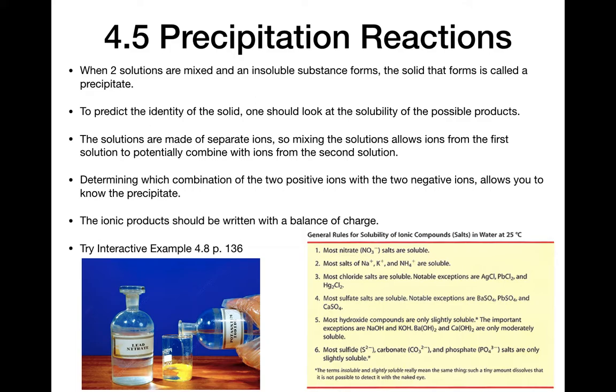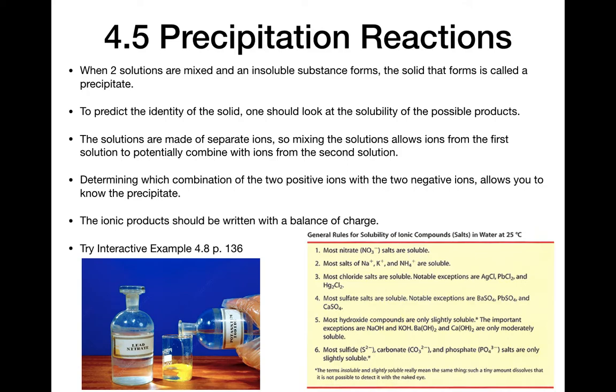So when you're looking at what is this precipitate I'm forming, you want to look at the solubility of the different products. So look at the combinations of ions from both solutions and see what's going to make an insoluble product. Once you know what that insoluble product is, then you're able to identify the precipitate.